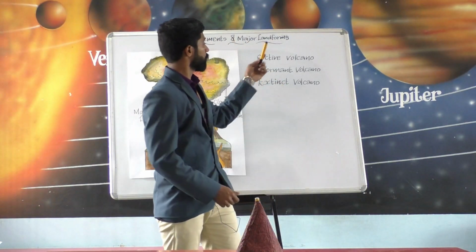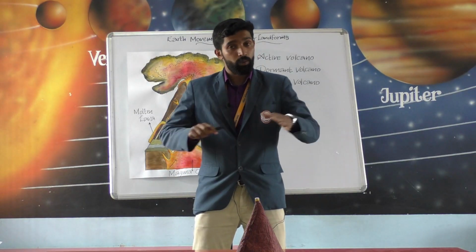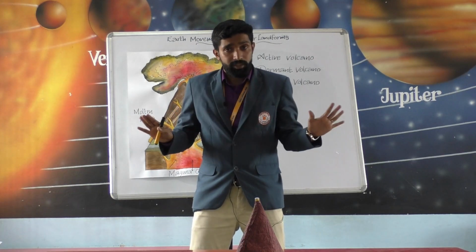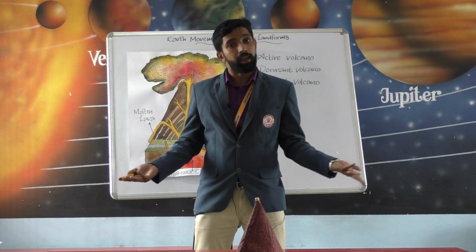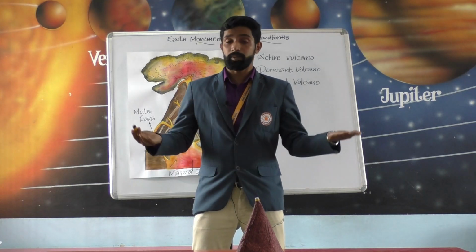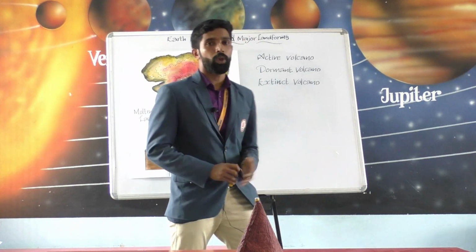Next, dormant volcano. A dormant volcano is one which has not erupted for a long time but may erupt anytime. For example, Mount Fujiyama in Japan and Mount Vesuvius in Italy are two examples of dormant volcanoes.